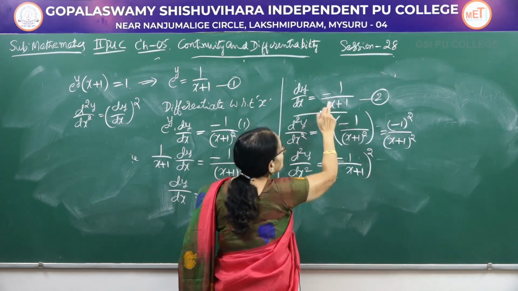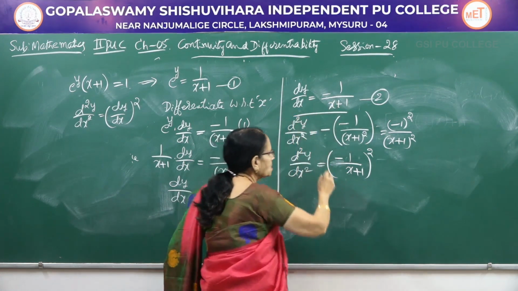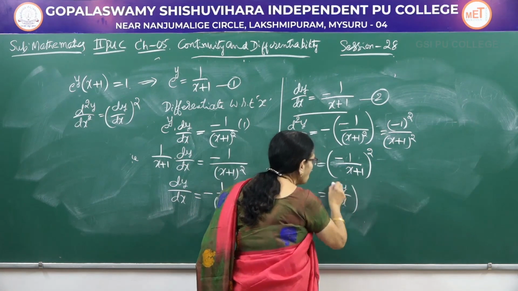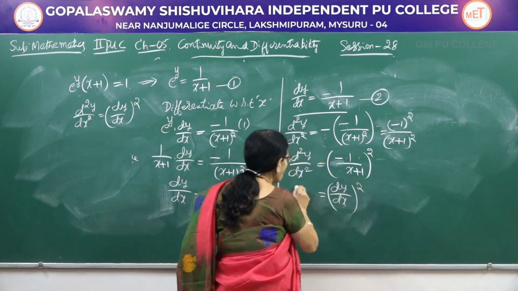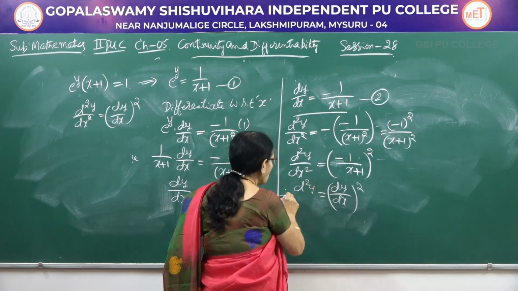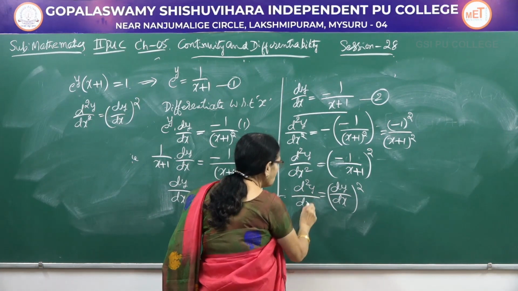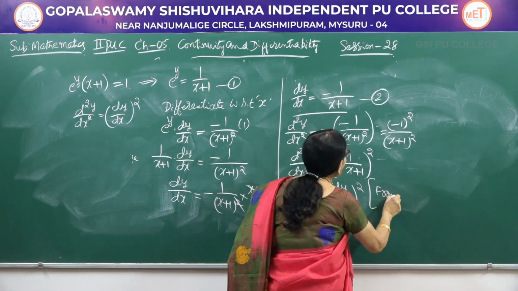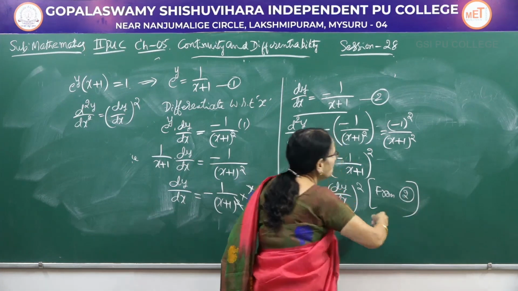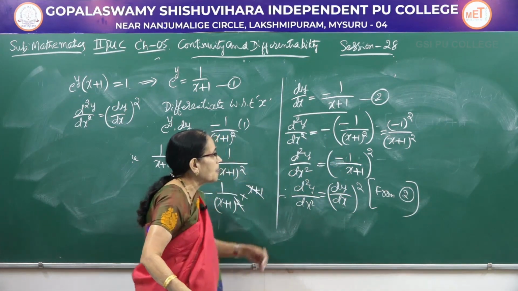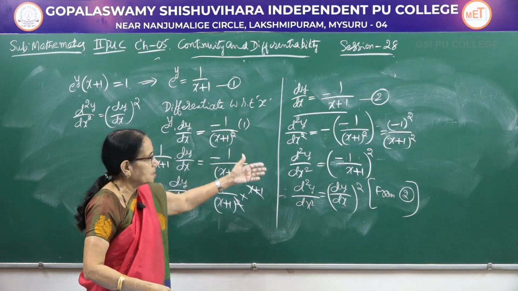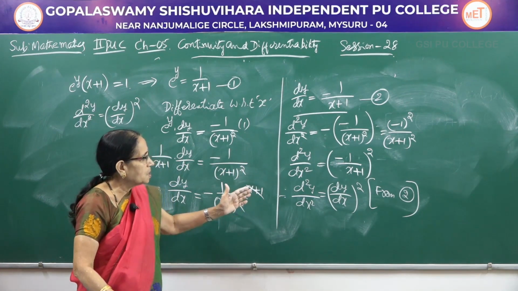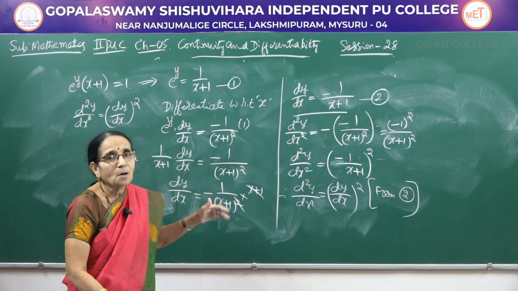Now look here, minus 1 by x plus 1, what is that? It is nothing but the first derivative, that is dy by dx the whole square. Therefore, you write d square y by dx square. You can quote the result here from 2. That is why I always give a number for that one, so that without writing that again, you can quote that result. So we have shown that d square y by dx square is the square of the first derivative.